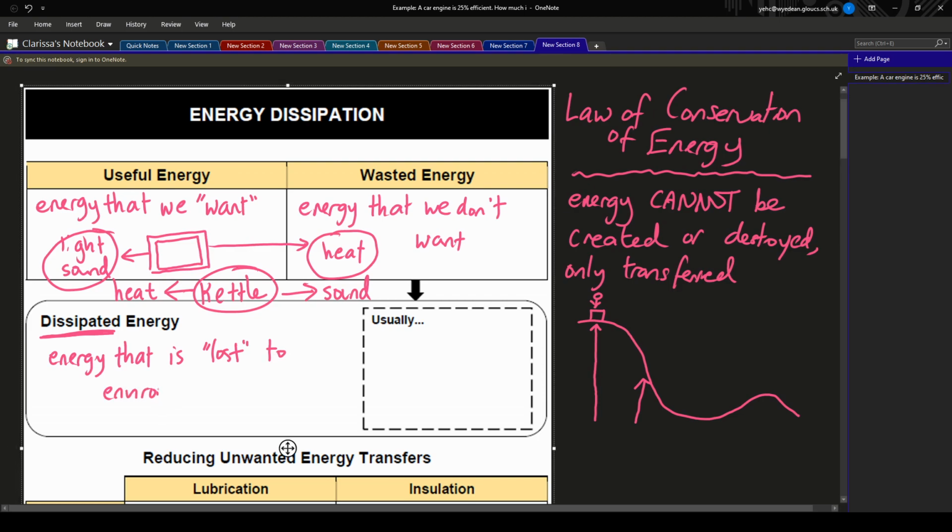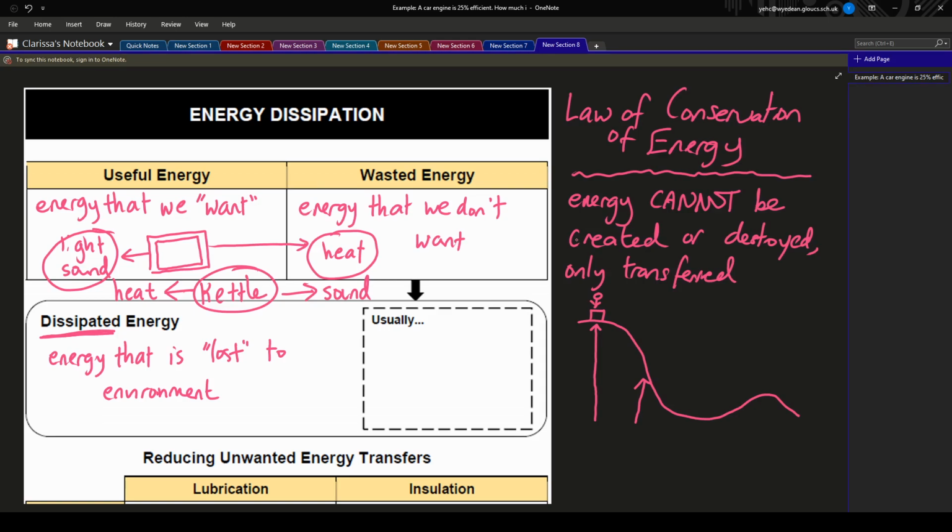The reason I have that in quotation marks is because remember the law of conservation of energy. I don't want you to think that that energy has just disappeared or gone. It just means that from that specific appliance, it's gone into the environment. It's lost from that appliance.